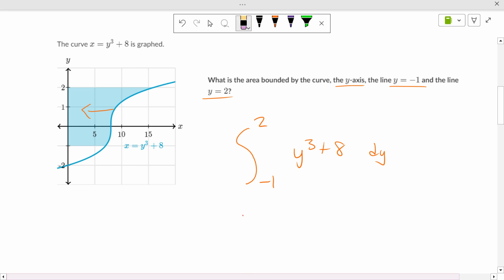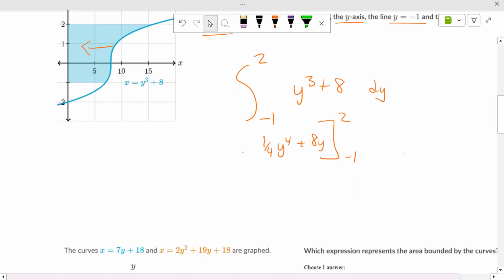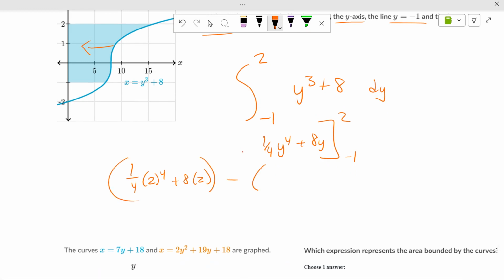Now, can we integrate it just like this? Yeah, that's not too hard. This would be 1/4 y to the 4th plus 8y from 2 to -1. You put in the 2, it's 1/4 2 to the 4th plus 8 times 2 minus 1/4 times -1 to the 4th plus 8 times -1.